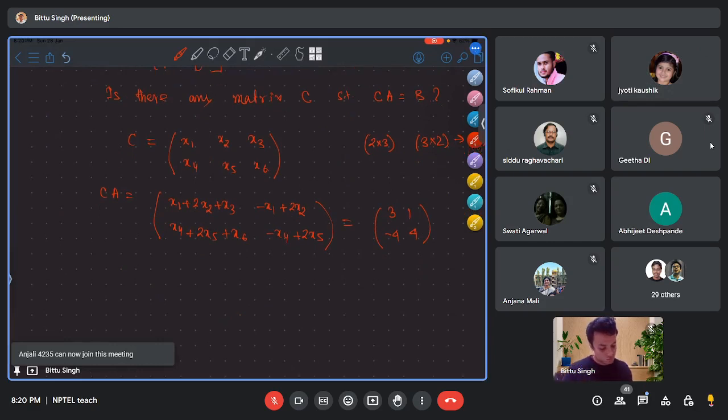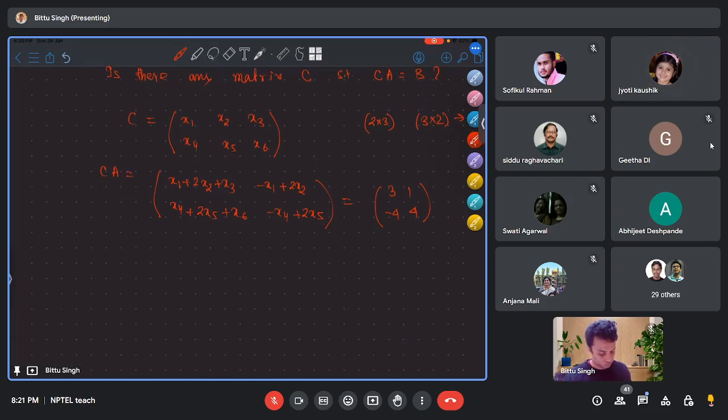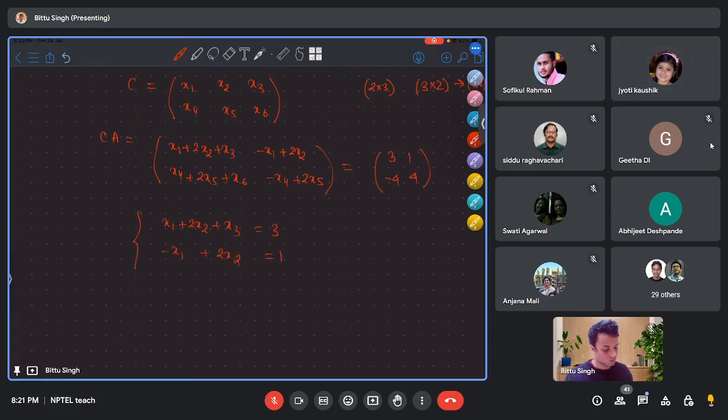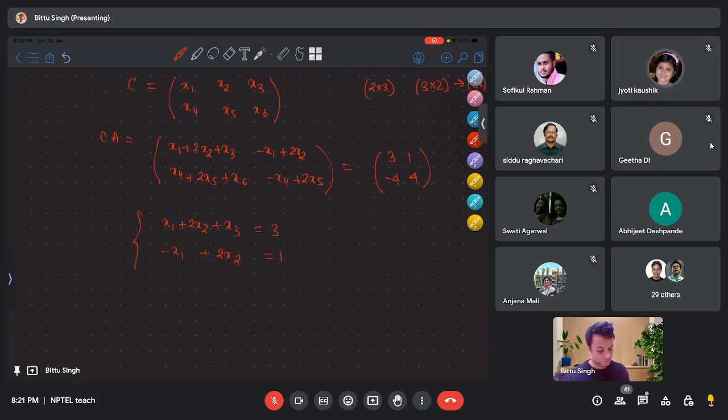The first set is x1 plus 2x2 plus x3 equals 3, and minus x1 plus 2x2 equals 1.